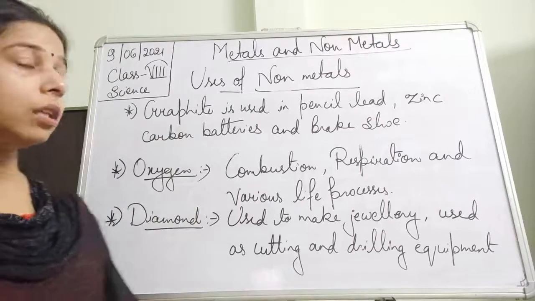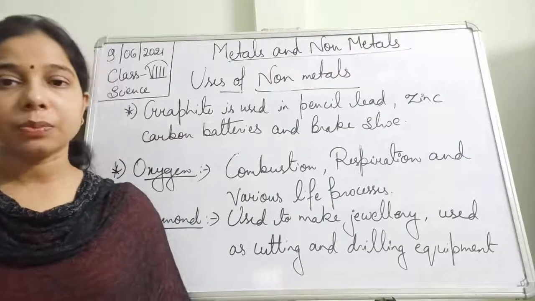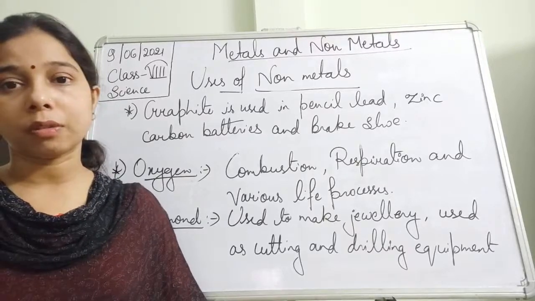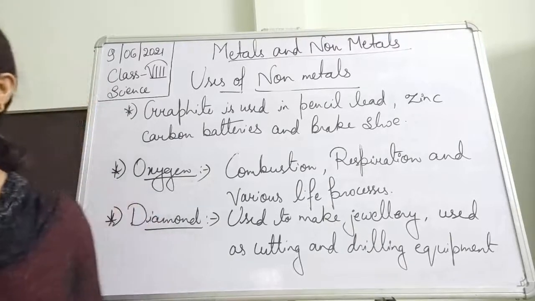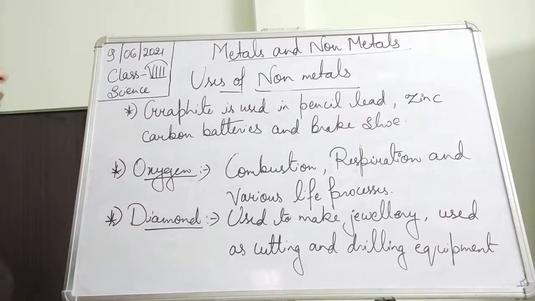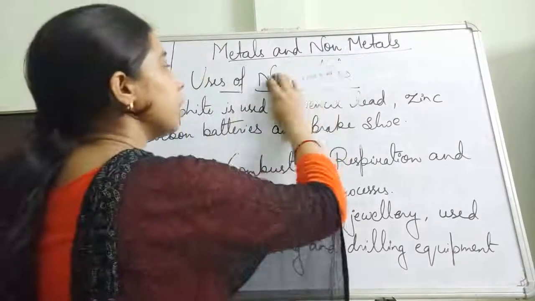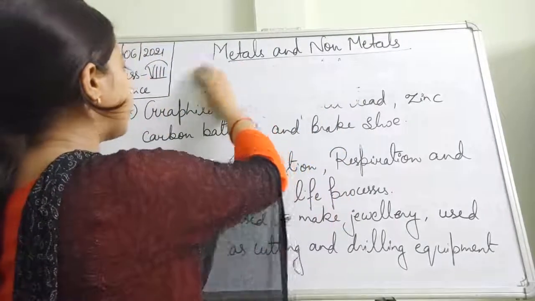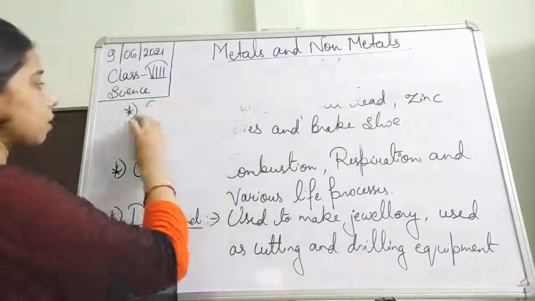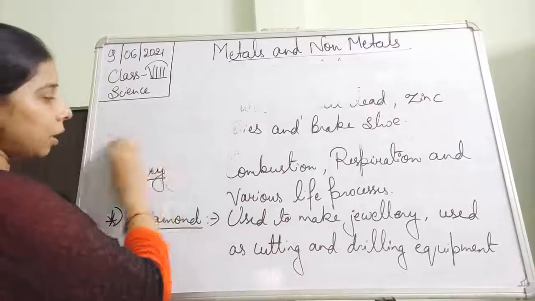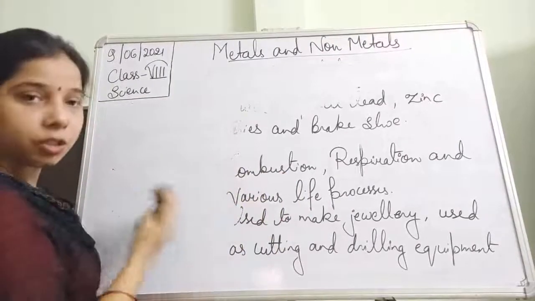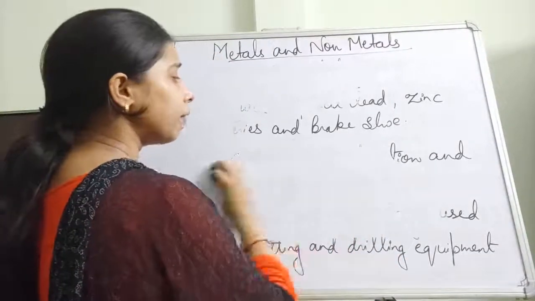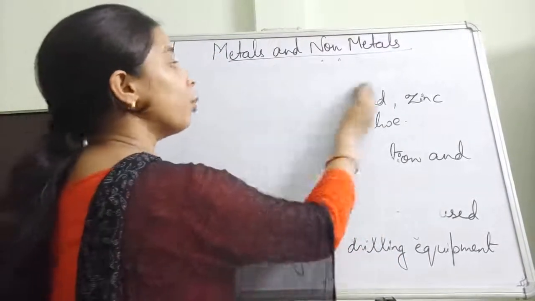So we have seen the uses of metals, and we have also understood the uses of non-metals. There is a term, students, which we call metallurgy. We are continuously saying the term that we use to obtain these elements from the earth's crust. Basically, we do not obtain them as such. If we are obtaining aluminium, we do not obtain it in the pure form.